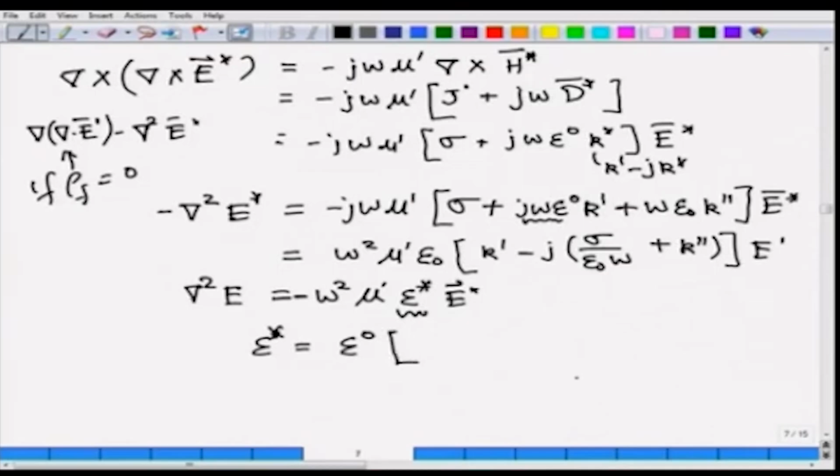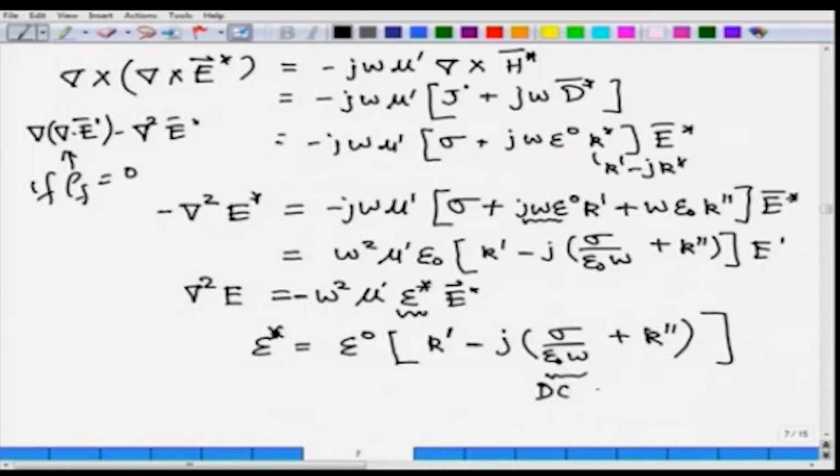Now you can see this is the real part if it was non-leaky, minus a complex part arising out of, this is because of DC leakage, this is DC leakage.